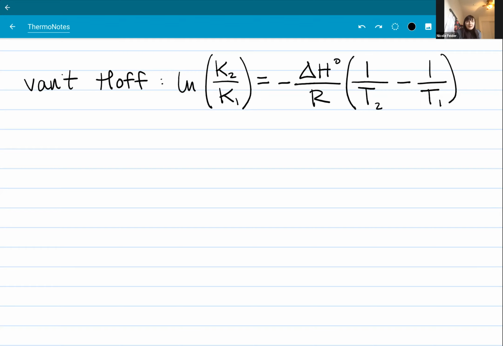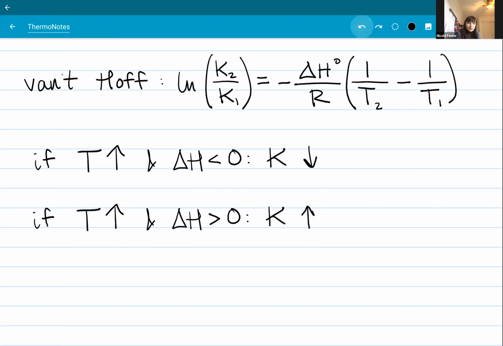Although I won't walk through the whole derivation here, what's important to understand is that from the Van't Hoff equation, if we increase the temperature for an exothermic reaction, the equilibrium constant will decrease. If we increase the temperature for an endothermic reaction, the equilibrium constant will increase. And of course, vice versa for when the temperature is decreasing.